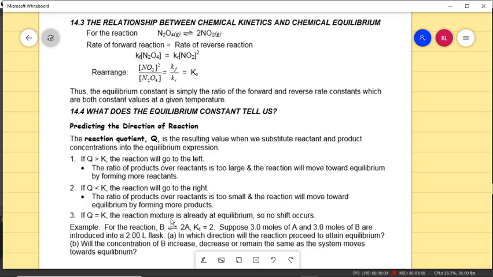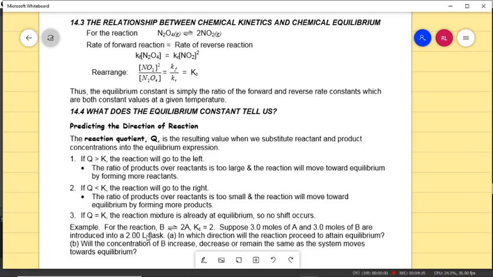But again, this doesn't mean that the reaction stops. The reaction still proceeds, but the rates of the forward and the reverse reaction are equal when Q is equal to K.